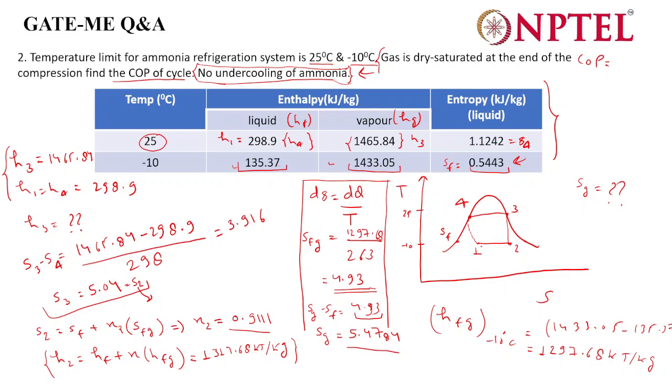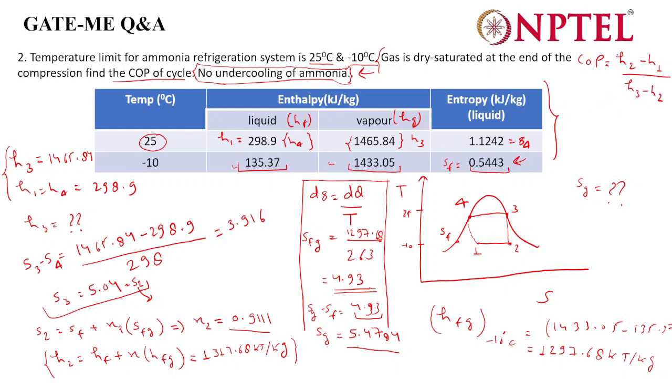What would be the COP formula? Is it H2 minus H4 divided by H3 minus H4? Generally we say H1, because we look at the refrigeration effect here. H4 has the same value, but H2 minus H1 is okay. So COP is H2 minus H1 by H3 minus H2.